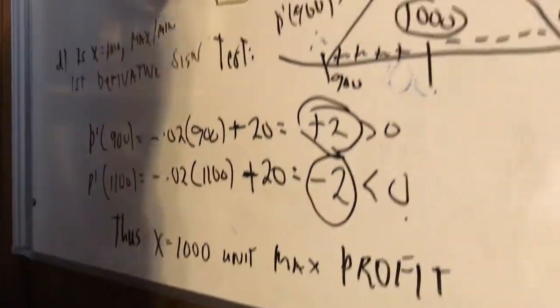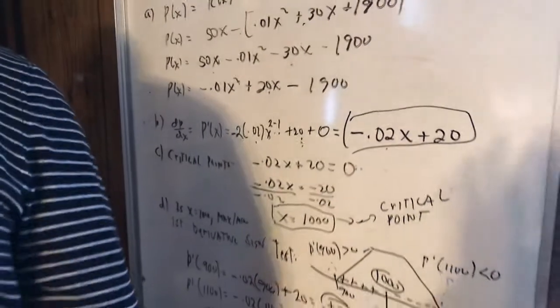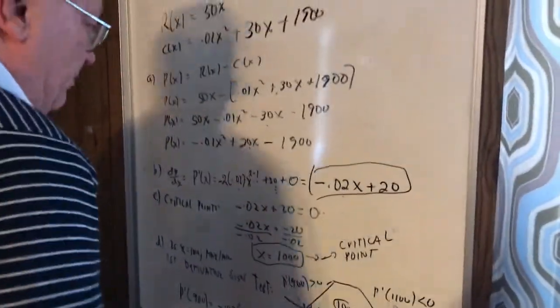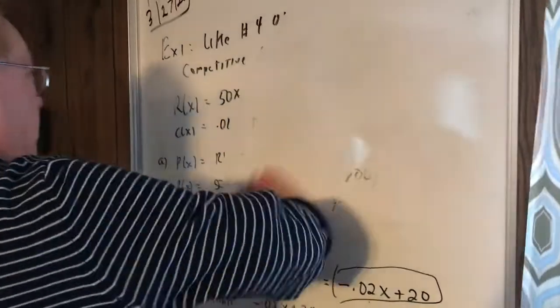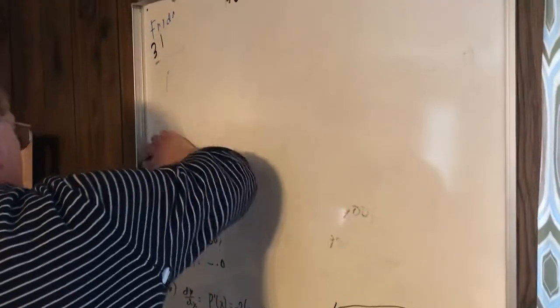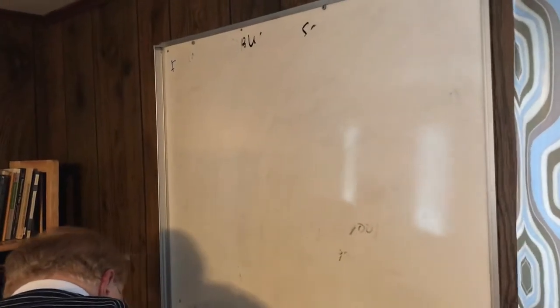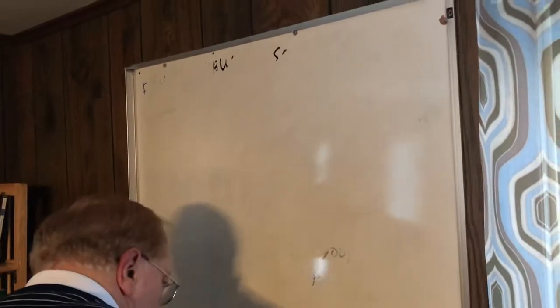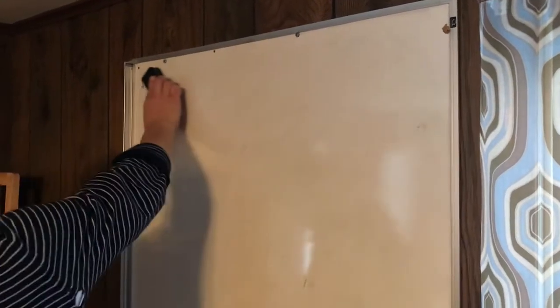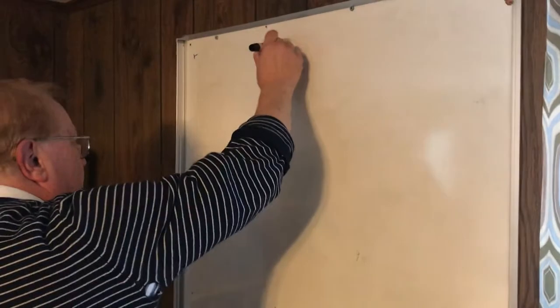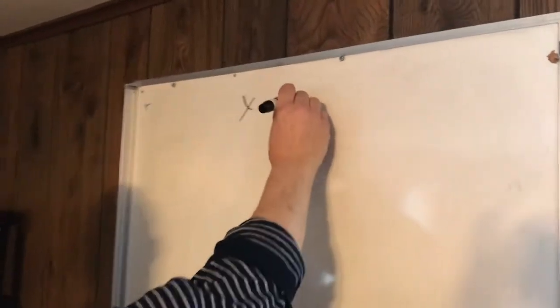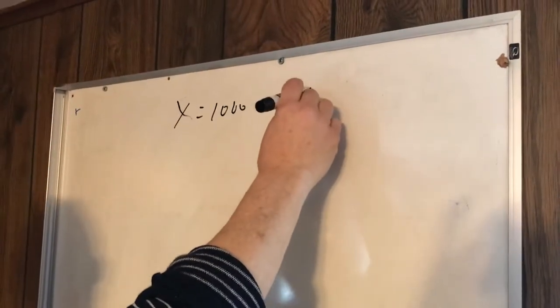Now we might want to find out what our profit is at maximum. So x equals 1,000 units is max.